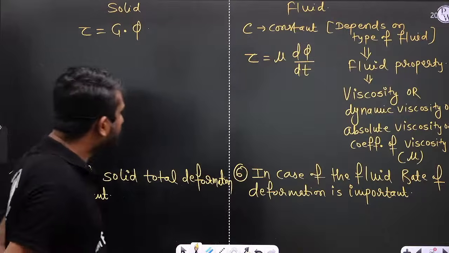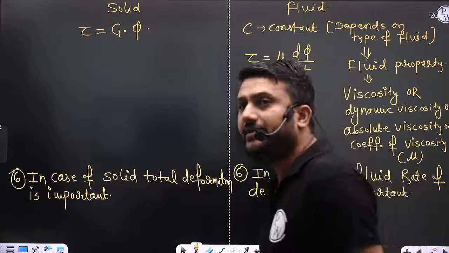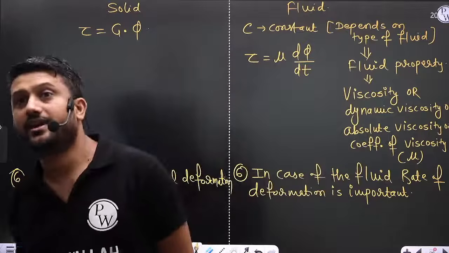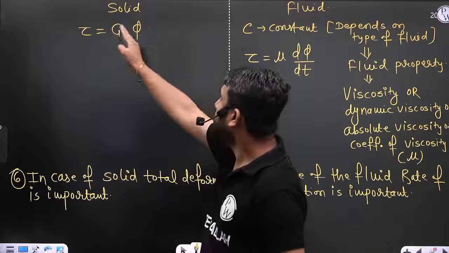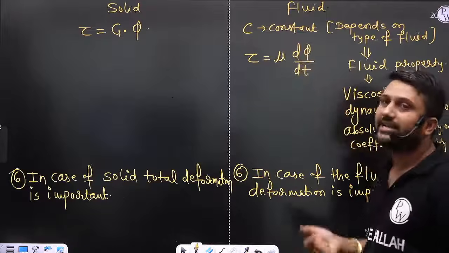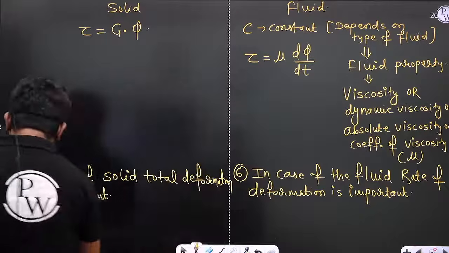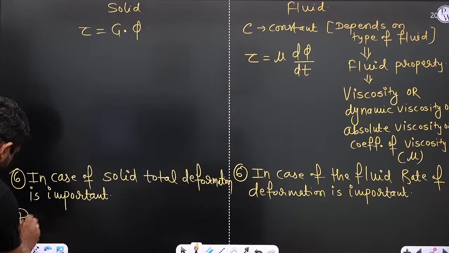Right? In case of the solid, total deformation is important, whereas in case of the fluid, rate of deformation is important. See here, in case of the solid, φ is important, whereas in case of the fluid, dφ/dt is important. Okay, now come to the last difference.